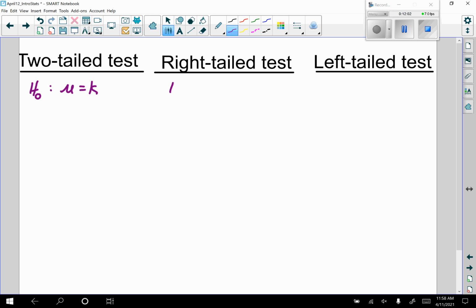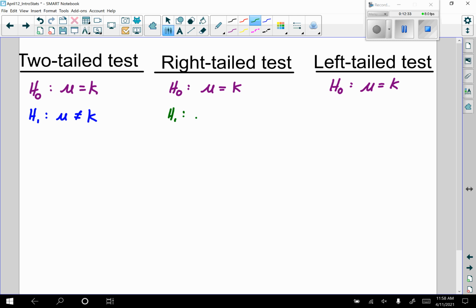And actually, for all of them, the null hypothesis is always going to be mu equals that specific value. But the alternative hypothesis for a two-tailed test is that mu is going to be either greater than or less than the specific value, so we just say it's not equal to it.